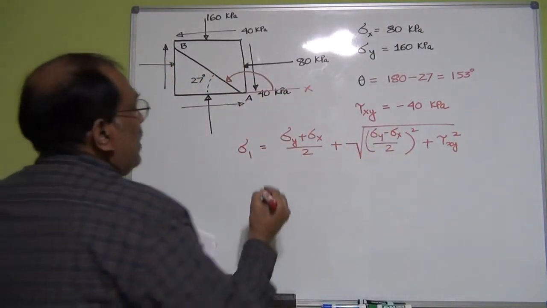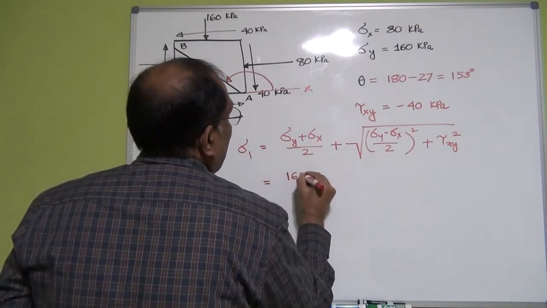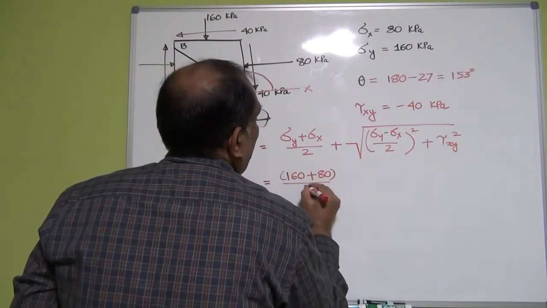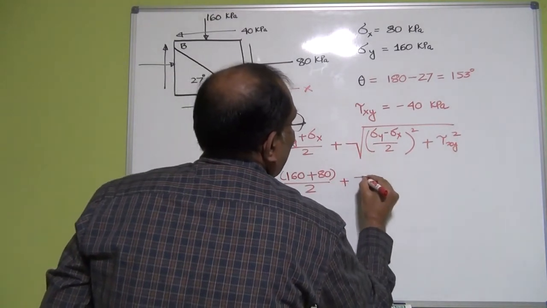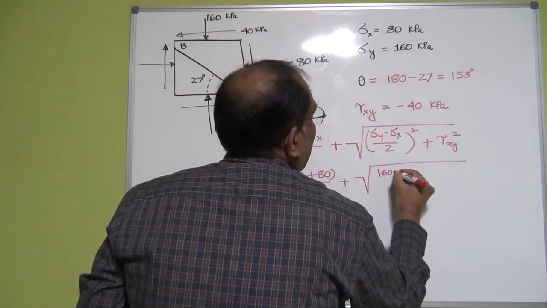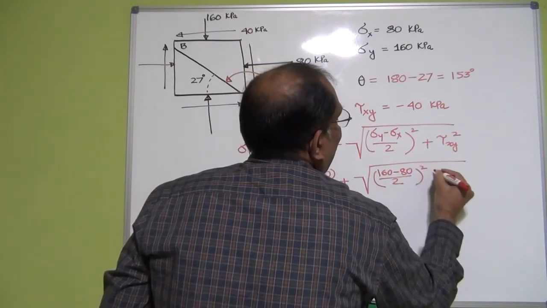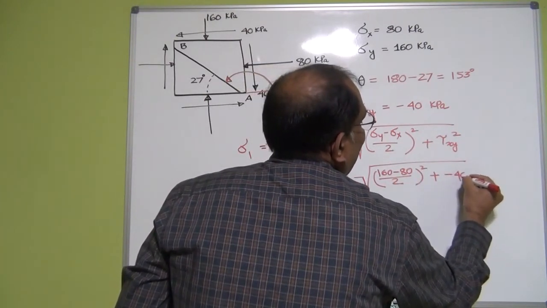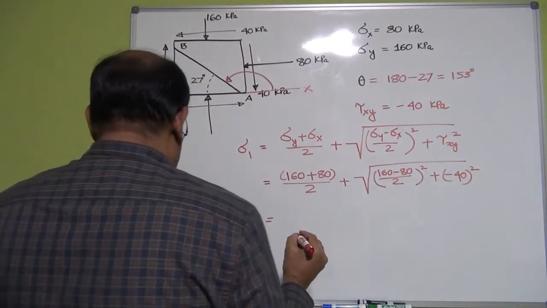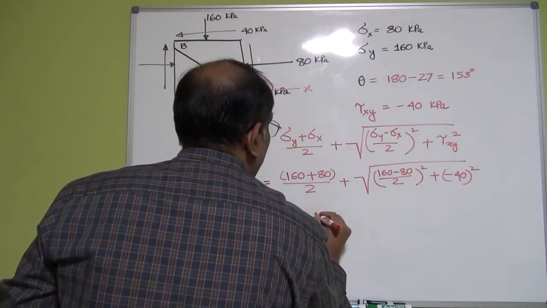Now if I plug that value here, then basically this one would be 160 plus 80 divided by 2 plus the square root of 160 minus 80 divided by 2 whole square plus tau xy square, which is basically 176.56 kPa.